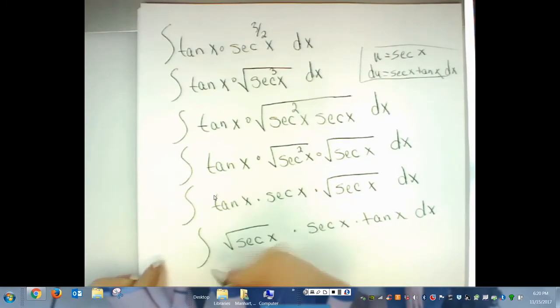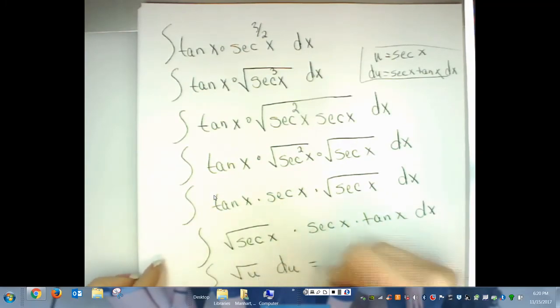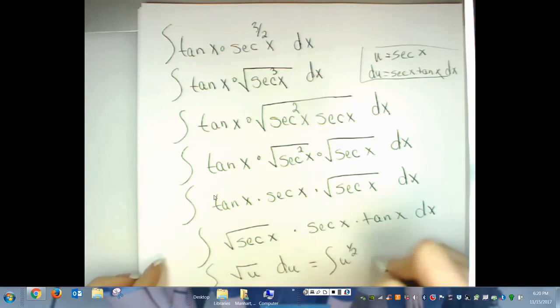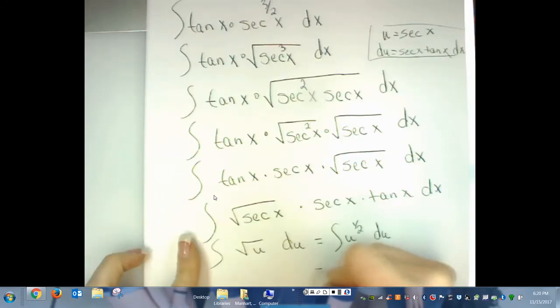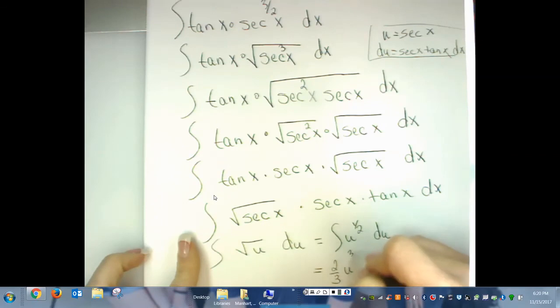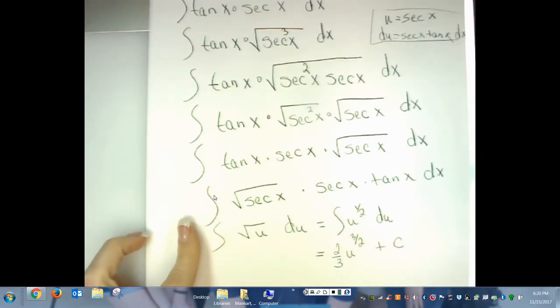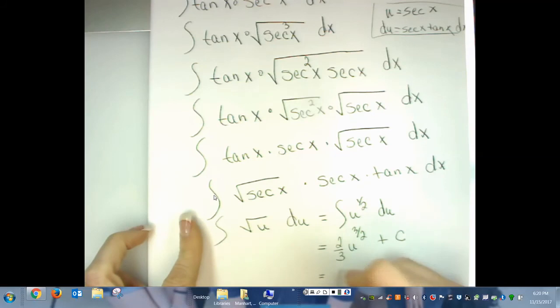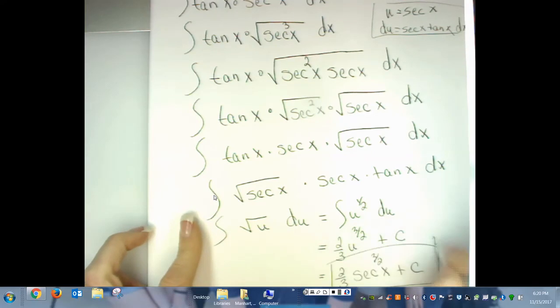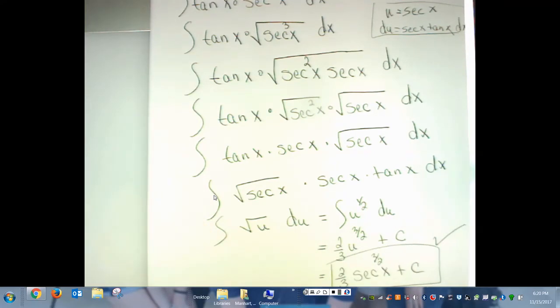So this is going to be the square root of u du, which is u to the 1/2 du, which is 2/3 u to the 3/2 plus c. And then our final answer, 2/3 secant of x to the 3/2 power plus c. Final answer.